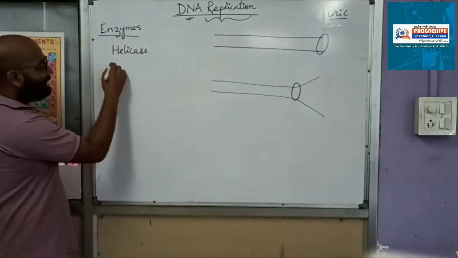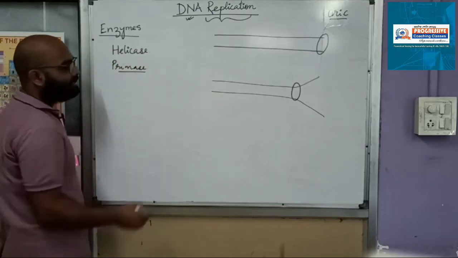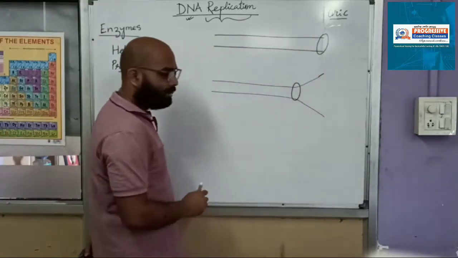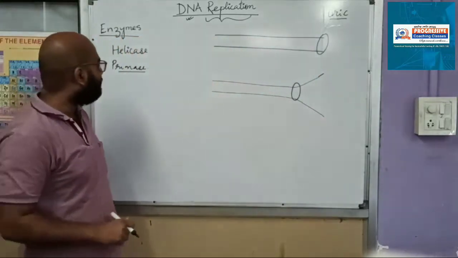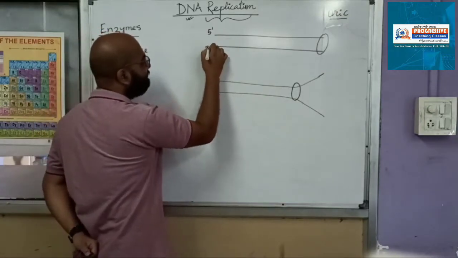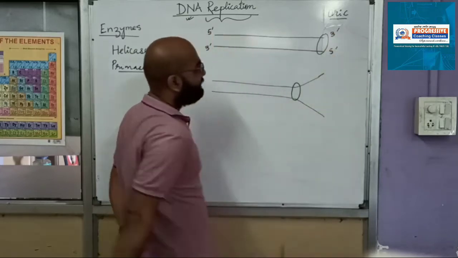The helicase enzyme is followed by the enzyme primase, as mentioned yesterday, that is going to place the primer in a very sophisticated manner. The point is that the DNA molecule always has a direction.